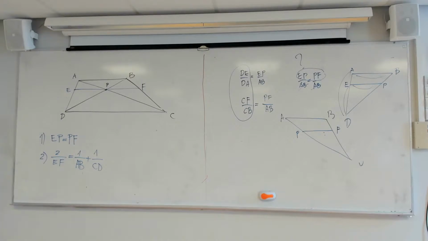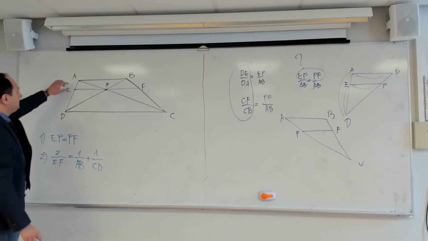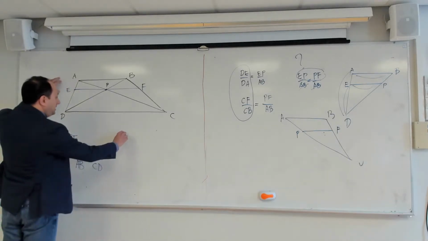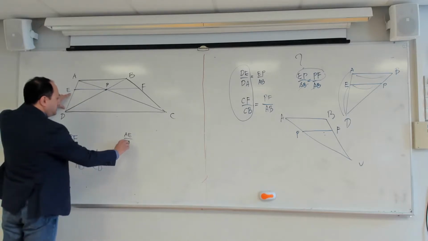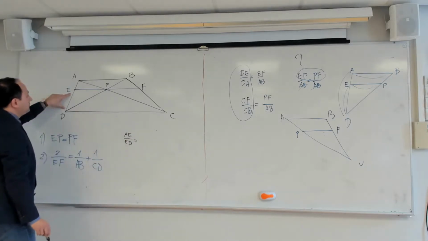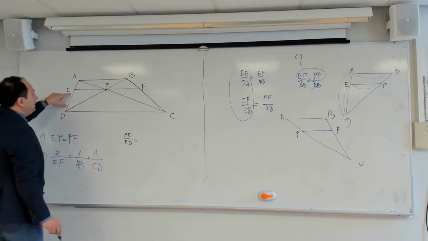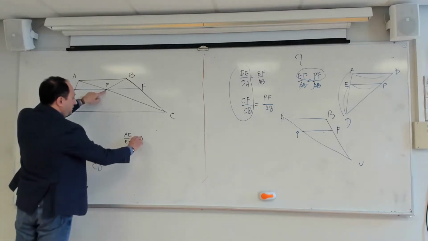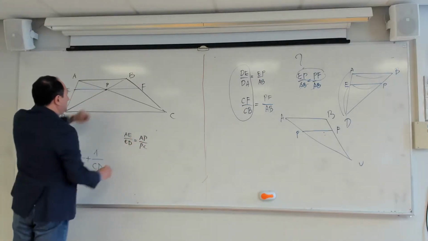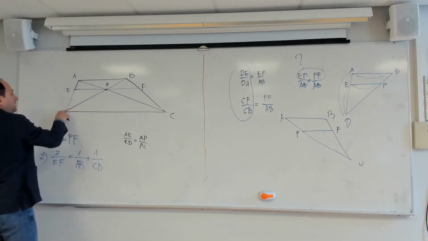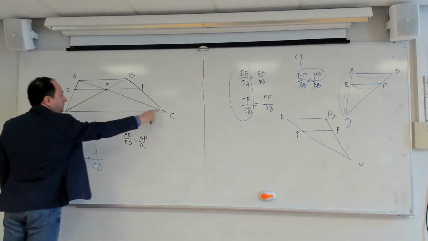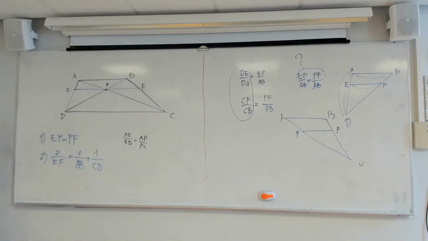Okay, so for example, if I write AE over ED is equal to... oh, we use the other convention. AP over PC. Do you agree? AE is from here to here divided by this is equal to AP over PC. Yes or no?